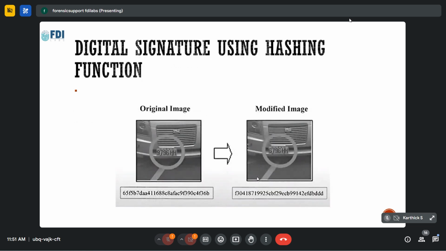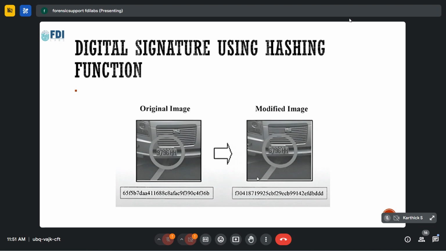So here is a basic example of a digital signature, how the hash function takes place in the original image and the modified image. We can find out that tampering has been done to the original image, and what tampering has been done, and it gives the authenticity and the integrity of the image.